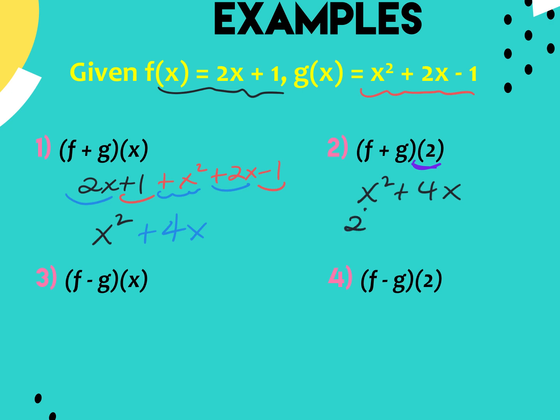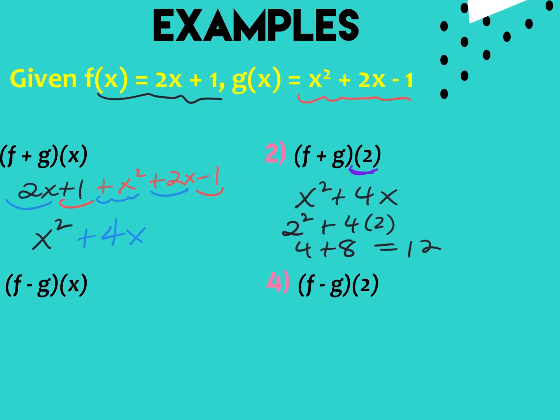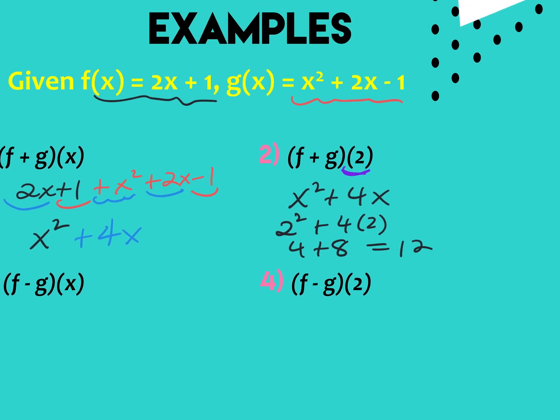So 2 squared plus 4 times 2, I get 4 plus 8, and I get 12. So f plus g, combining the f of x function and adding it to the g of x function, when the value of x equals 2, I get 12.